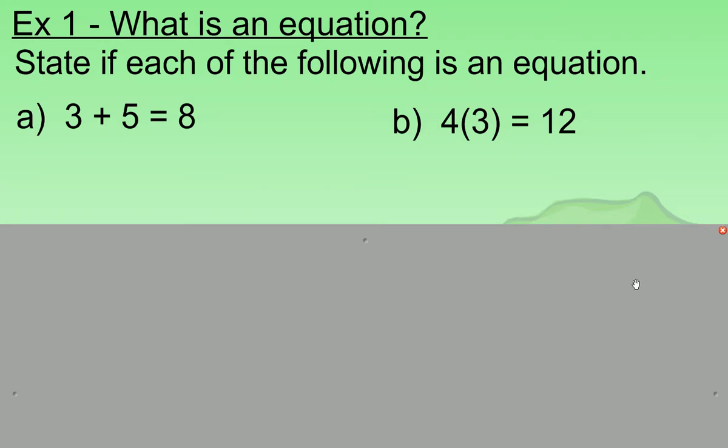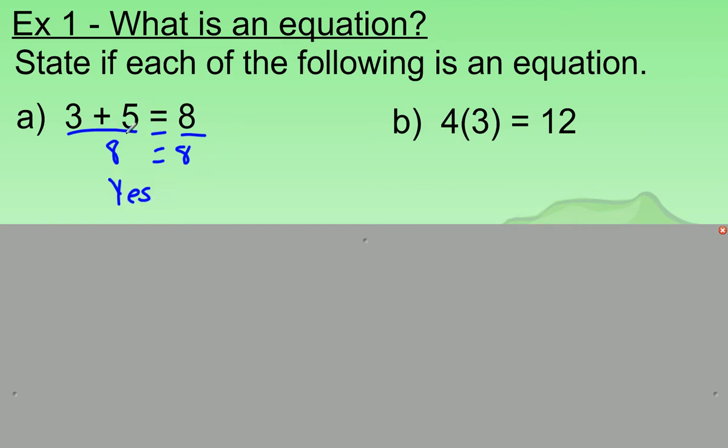So first thing we want to do is figure out if the equations I have up here are actually equations. Looking at letter A, we have 3 plus 5 equals 8. Now, this stuff should hopefully equal that stuff. 3 plus 5 is 8. So yes, this is an equation.